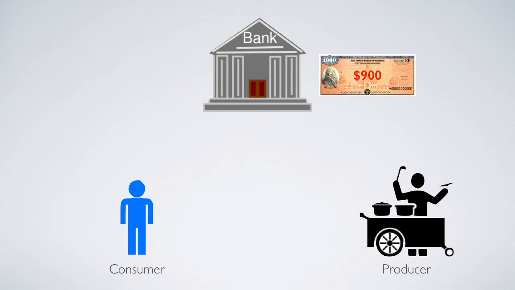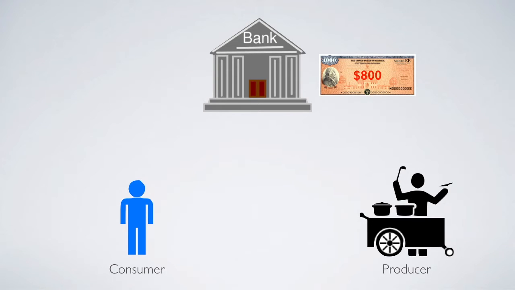After the consumer spends his first $100 and gets his first bundle of goods, he goes to his bank and withdraws another $100, and his balance drops to $800. Once he withdraws this $100, he bumps into the producer who sells the stuff he likes. He passes this $100 to the producer, and the producer saves it back to the bank again.